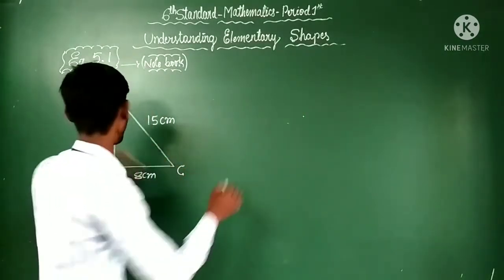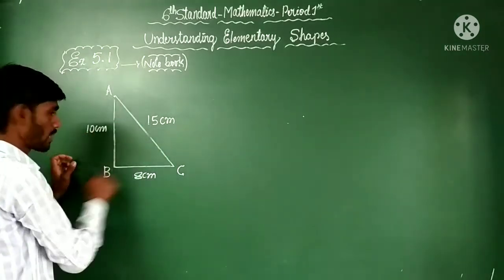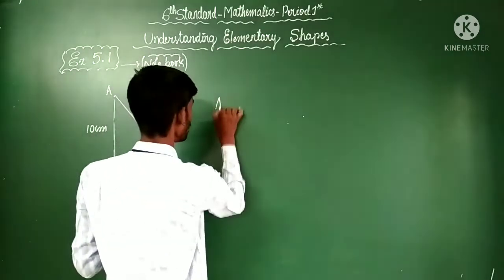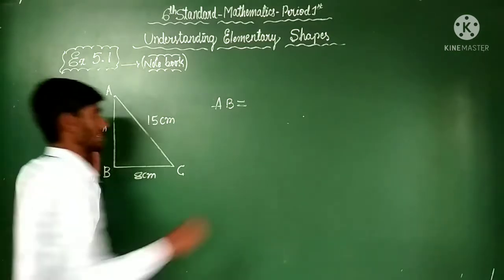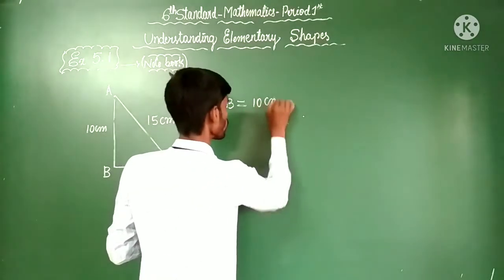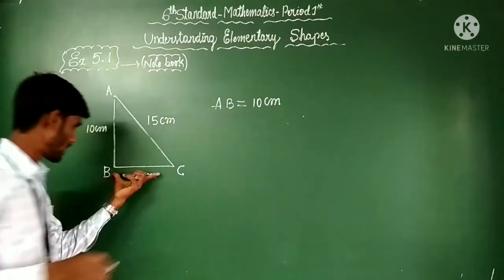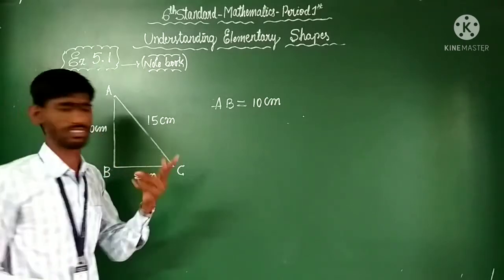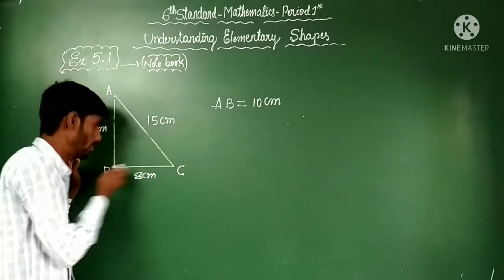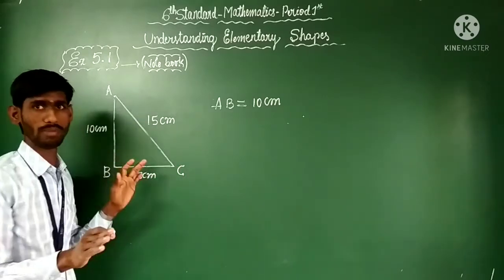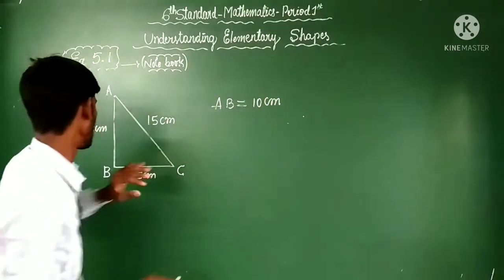Dear children, observe here. I will add AB plus BC. The measurement of AB is 10 centimeter. Measurement of BC. Add any two sides as you wish, you may add AB plus AC, otherwise BC plus AC. No problem at all. AB is equal to 10 centimeter.